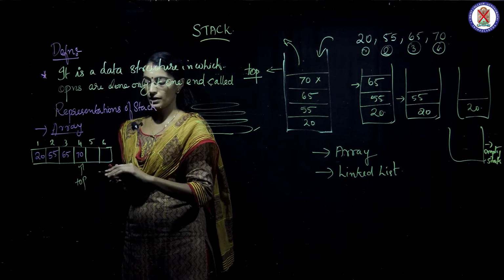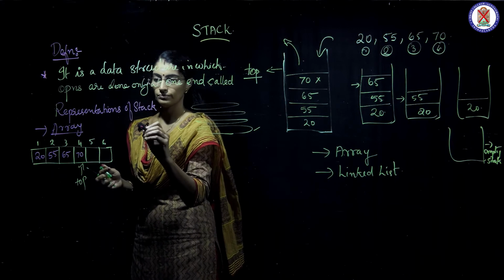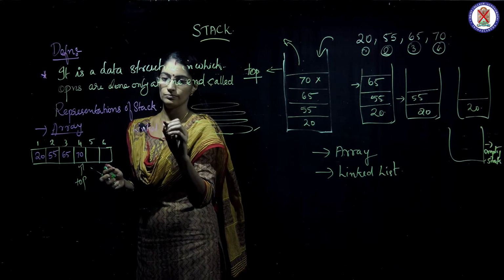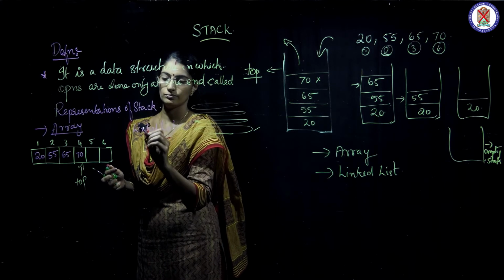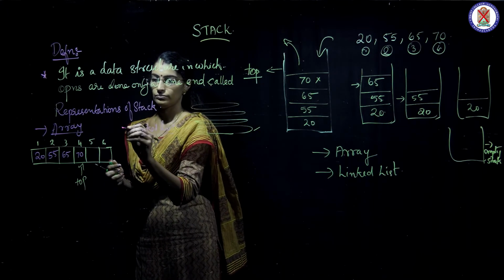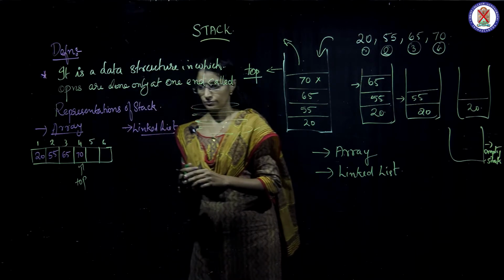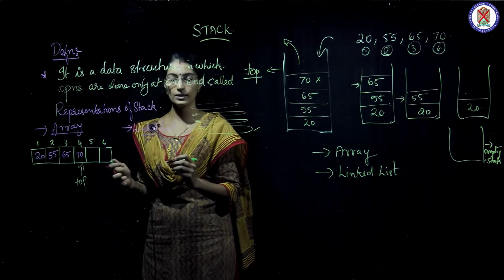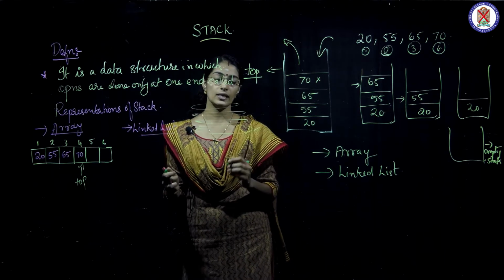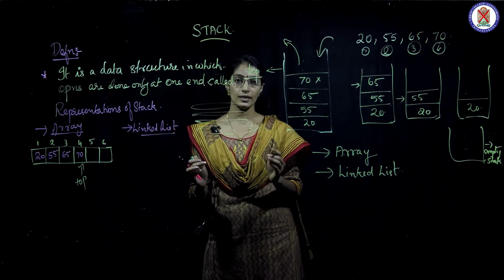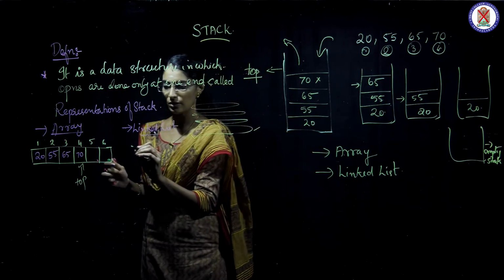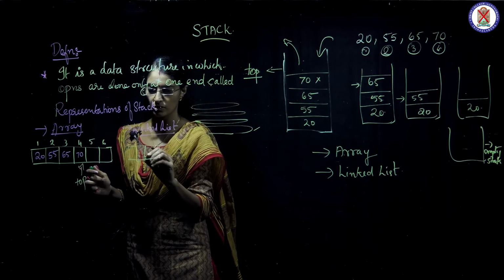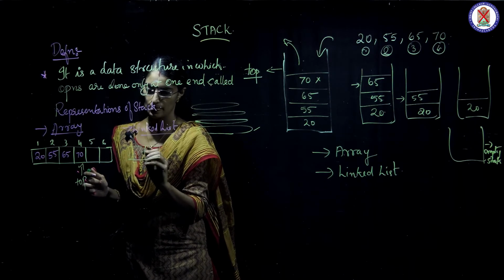Now how can it be done using linked list? When teaching linked list, I told you that we have a header node, right? Similarly, you have a header node, and this header node here is also called the stack head.